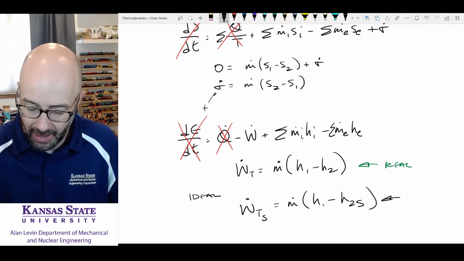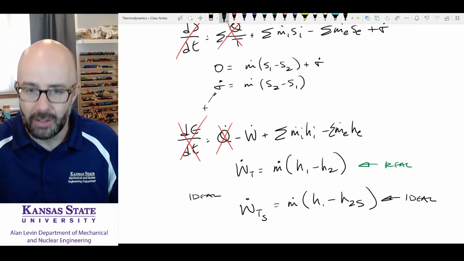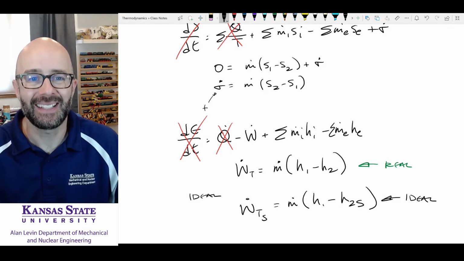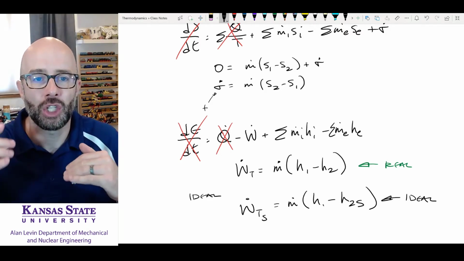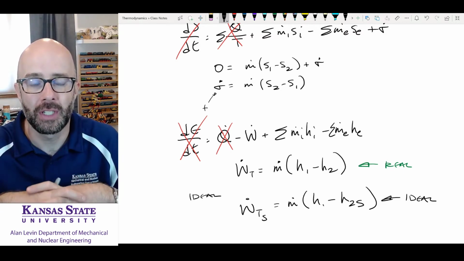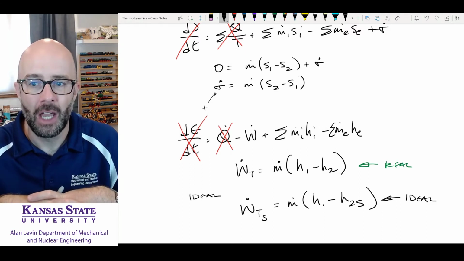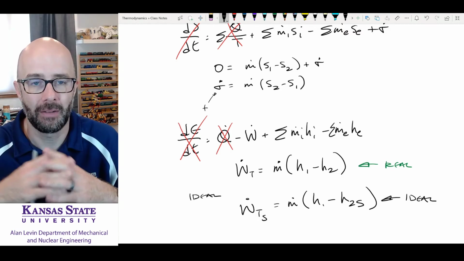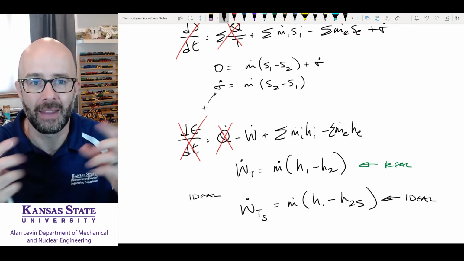This is going to be our ideal turbine. What we're going to find is that H2S is going to be a lower number than our H2, and that's where more energy, more power is going to be produced from that turbine. Okay, 2S corresponds to the S2S state above. Okay, that's how they work. That's how they can connect.